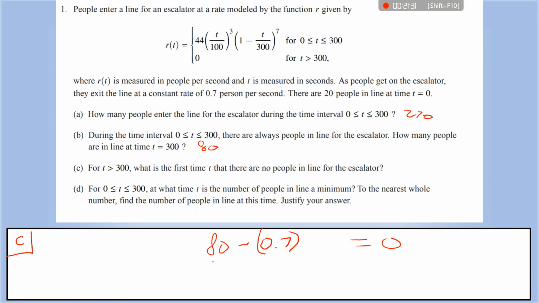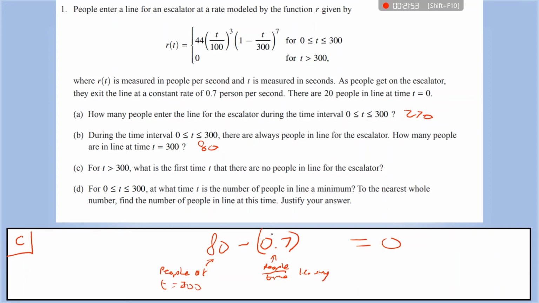So this is how many people there were at time 300. This is people at t equals 300. And this is the rate at which they're leaving, people over time leaving.